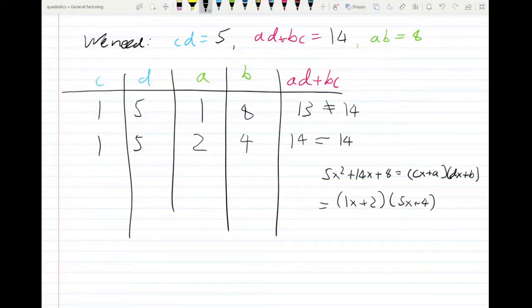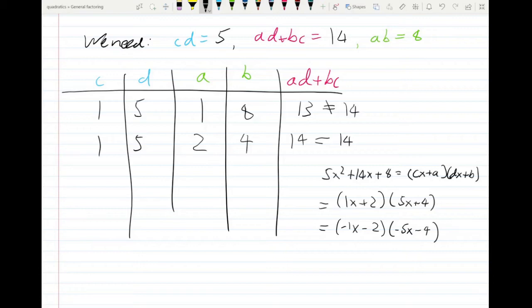Now I'm going to touch on what I said previously about the different cases for c and d being the same. If we'd chosen c to be -1 and d to be -5, what we would have gotten is c is -1, so -1x, a is -2, d is -5, so -5x, and b is -4.